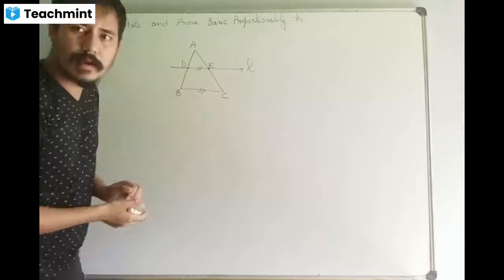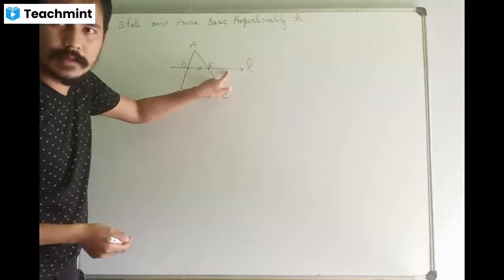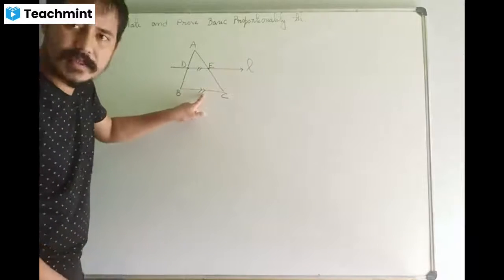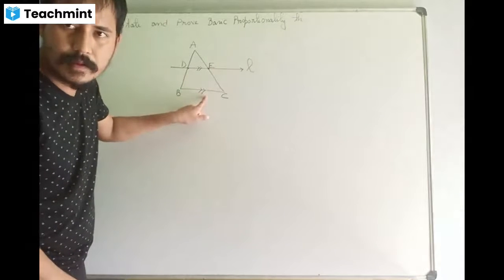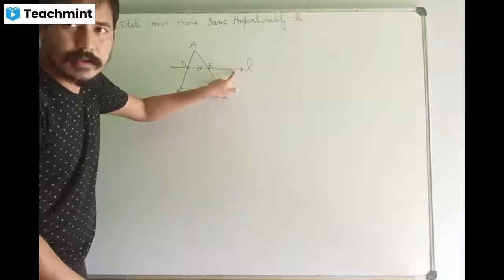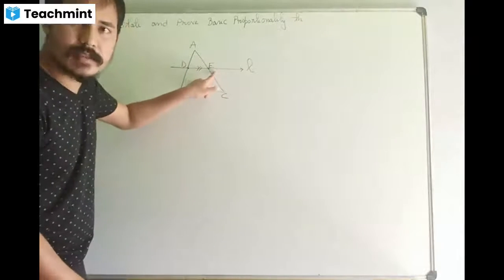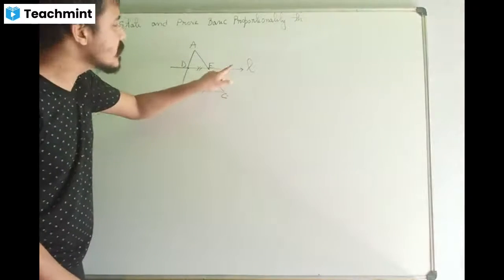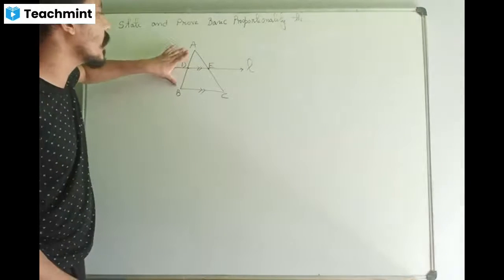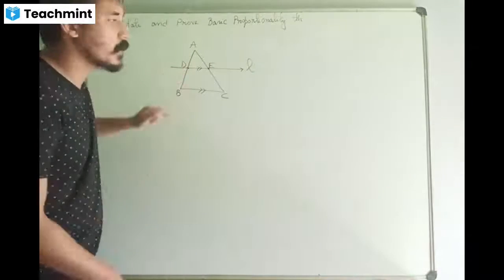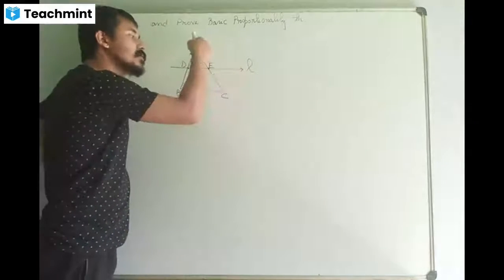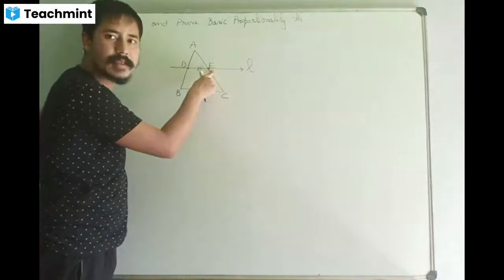See, I have drawn a line L parallel to one side of the triangle, right? But is this line L meeting the other 2 sides? Yes. This line L is meeting the side AB at D. This line L is also meeting the side AC at E.